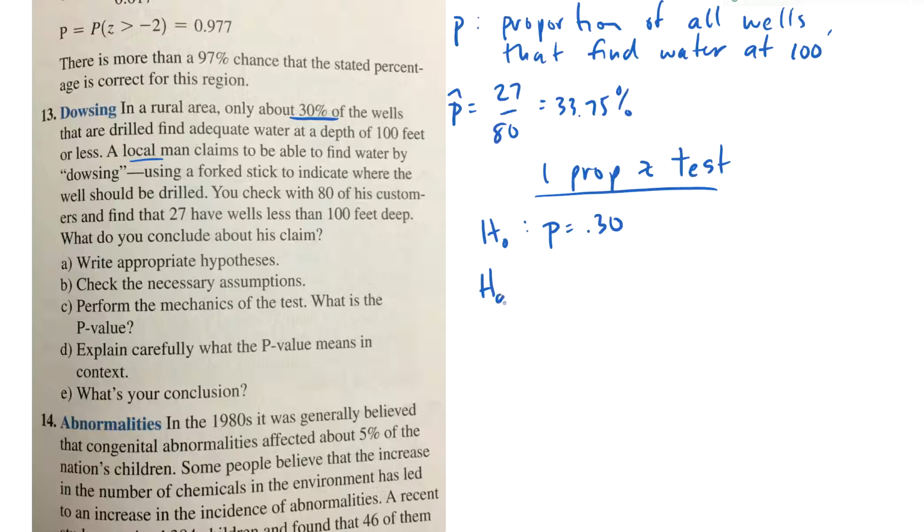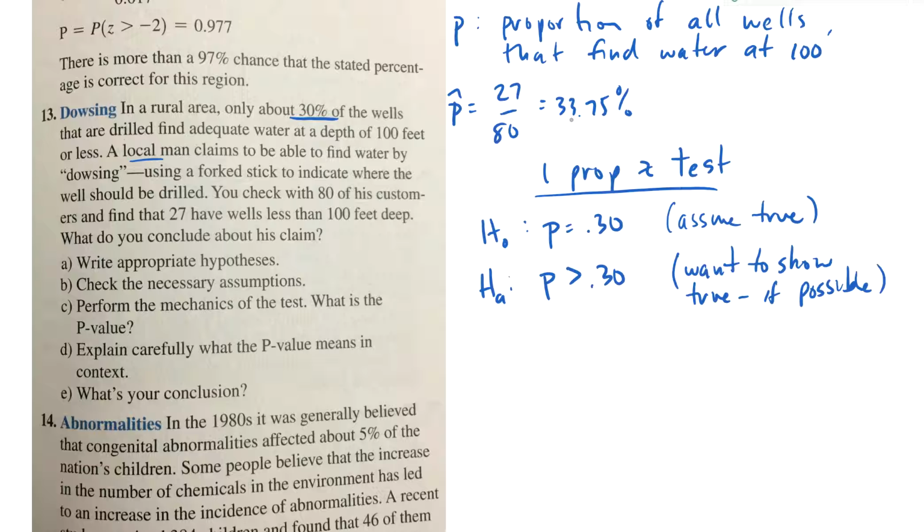In the alternative hypothesis, I want to test to see, is it greater than 30%? So this is what I assume true, and this is what I want to show true, if possible.